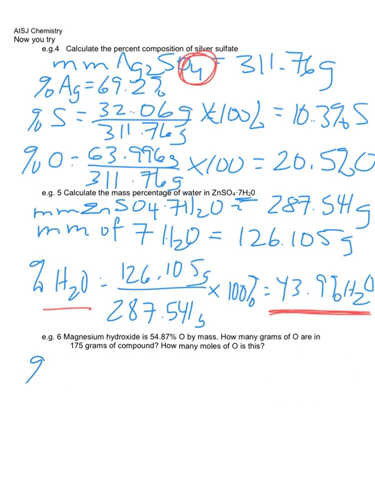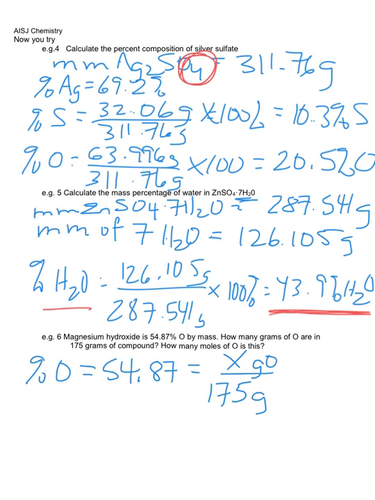All right, so we know that the percentage of oxygen, 54.87, is equal to the grams of oxygen over the total compound grams, times 100%. Right? So that's percentage.